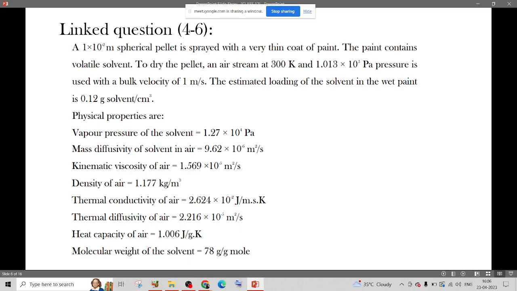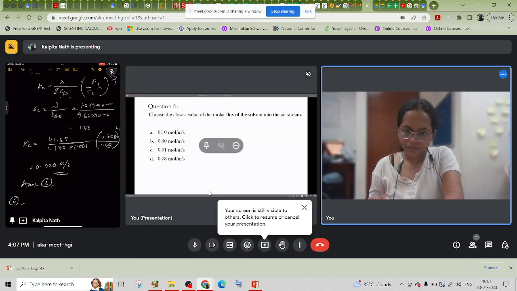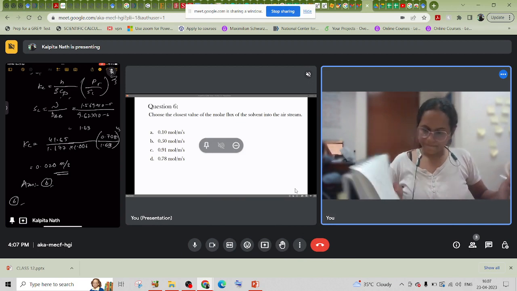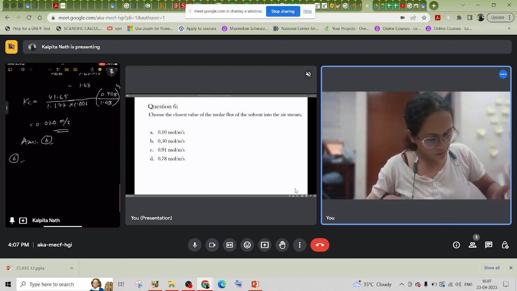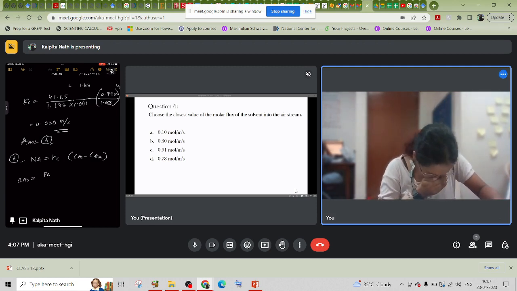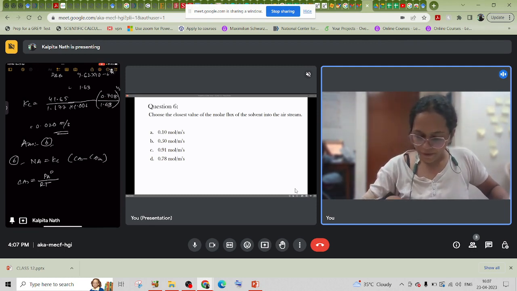Just open the question first. NA is equal to Kc into (CAS minus C infinity). CAS is equal to P naught upon RT, that is the vapor pressure upon RT.